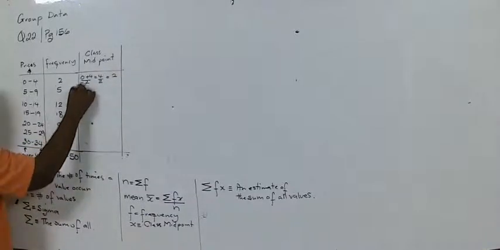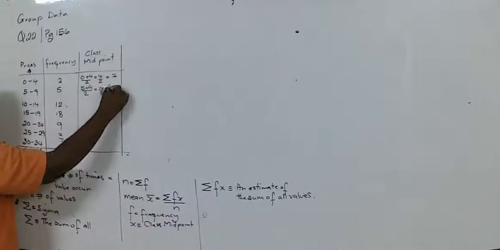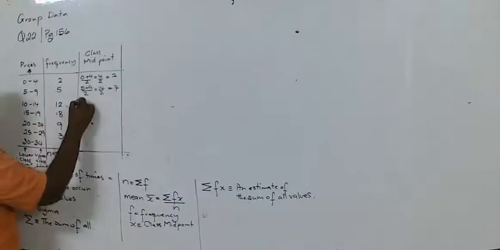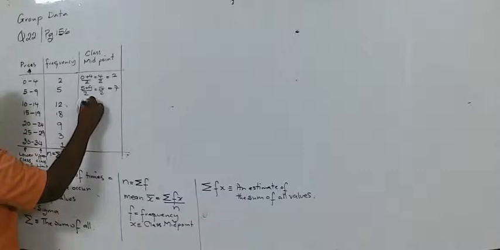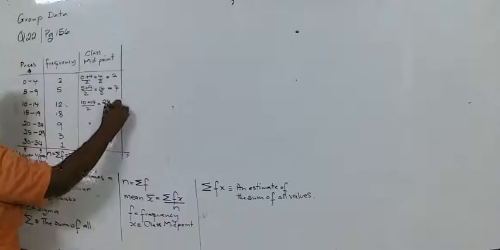This would be 5 plus 9 over 2, which is 14 over 2, which is 7. How do we find the class midpoint? We add the lower limit and the upper limit and divide by 2. So this is 10 plus 14 over 2, which is 24 over 2, and we have 12.